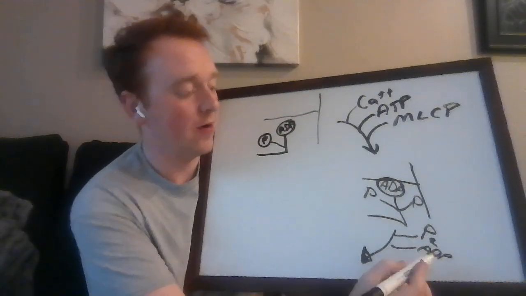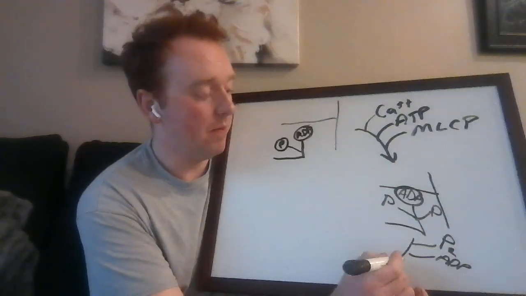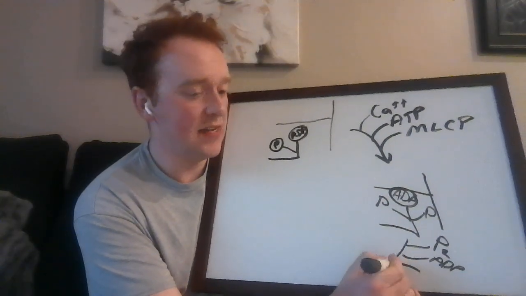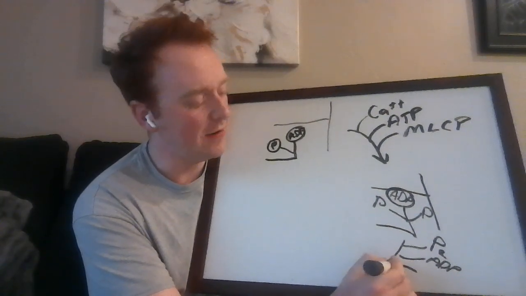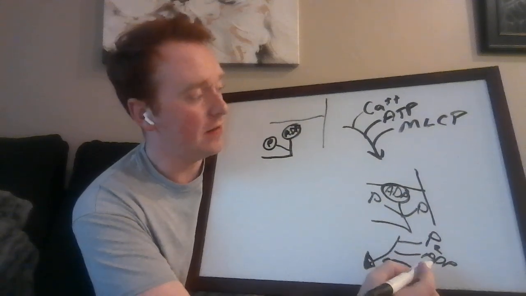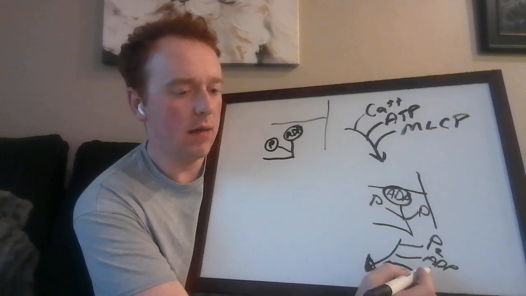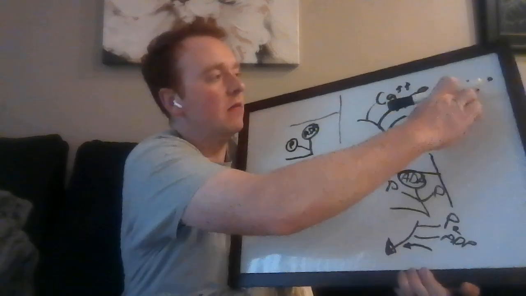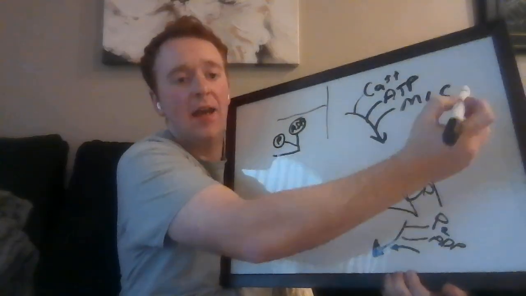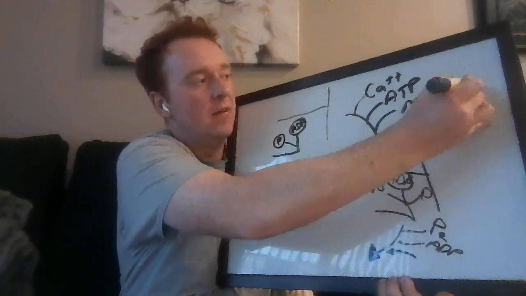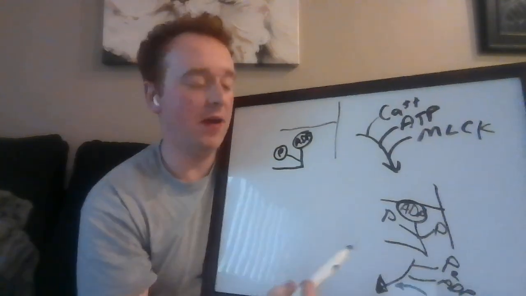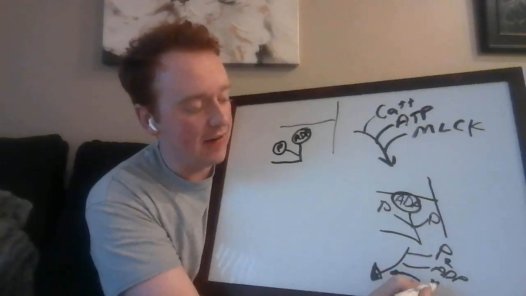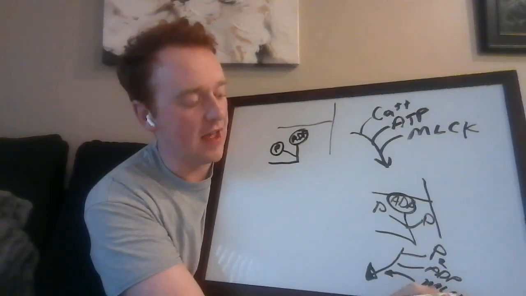Trying not to mix up my words while I'm writing. And then MLCP enters. Oh, sorry, this is MLCK up here. And then MLCP enters down here and cancels out the MLCK.